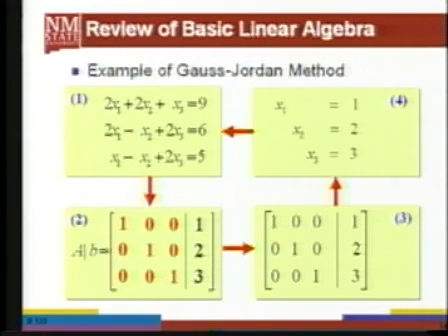And then finally, we use elementary row operations to transform the third column of the resulting matrix into 0, 0, 1. And as a final result, we will have matrix number 3.